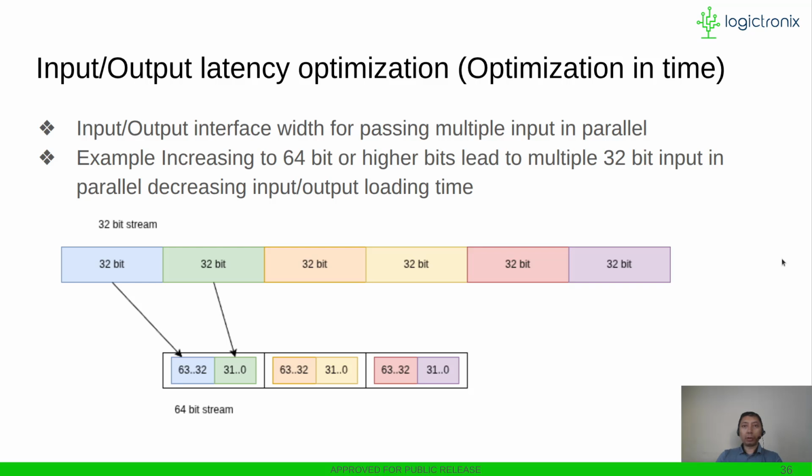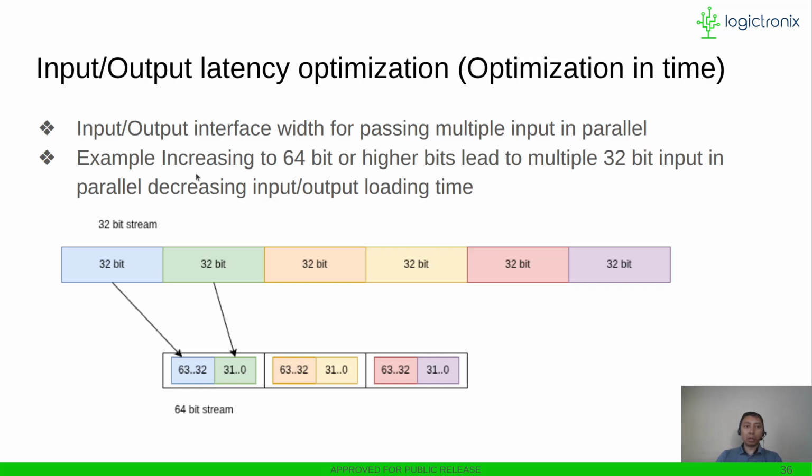The next type of optimization to decrease time is decreasing the input output latency during the read-write cycle of the input output. One optimization is that you can change the width of our stream interface and read multiple data in a single stream interface operation.